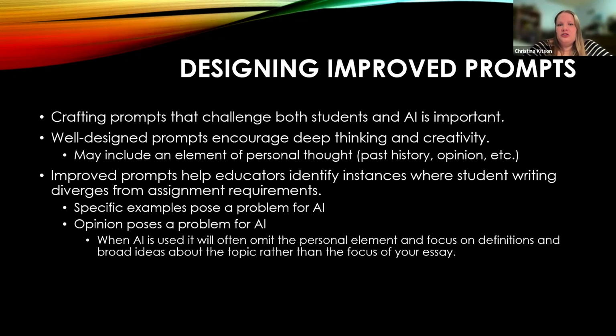So one of the things we can do with our prompts is include those personal elements. And what we'll find with the AI's response is that they often focus on definitions and providing broad ideas, general information, and skip the elements that are more personal because they're just not capable. Or in the worst case, it will provide the things that say AI cannot provide an opinion, which is, you know, if the student leaves that in a paper, that's a real big problem.